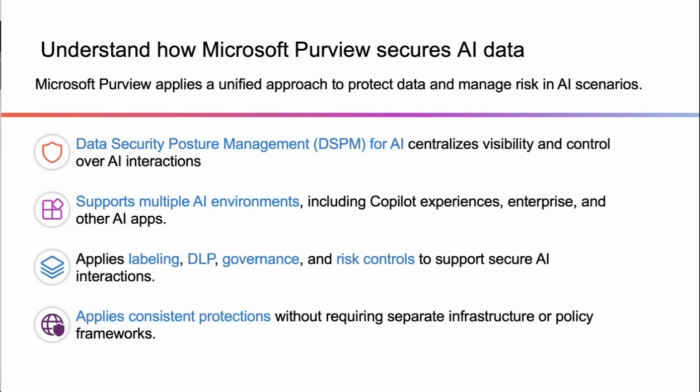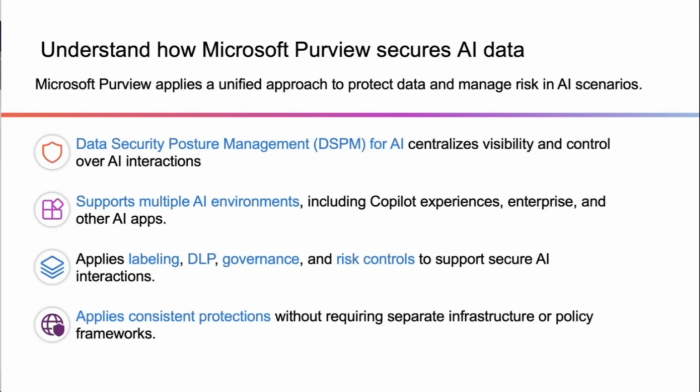There is something called data security posture management for AI. Now, in the Purview portal, you'll see that there are DSPM, and there's also DSPM for AI, and it puts classic in brackets. And I'll show you what it looks like in a moment. Essentially, now we've got one place. DSPM is there for everything. So it's not just our on-premises services, our traditional SharePoint, OneDrive kind of environments. It's also there for our AI transactions.